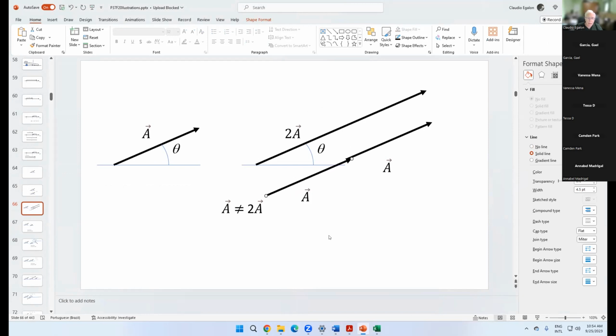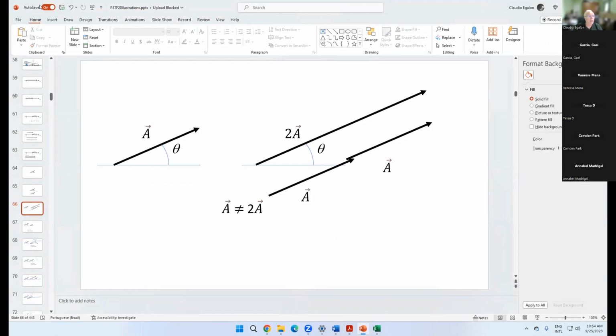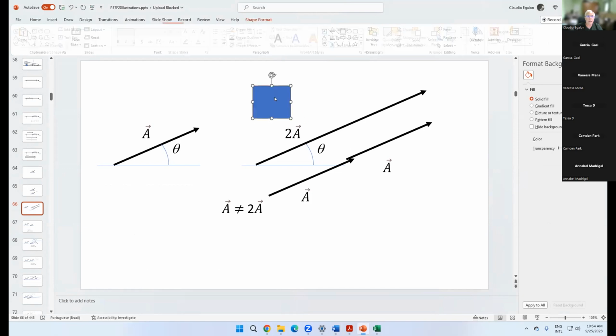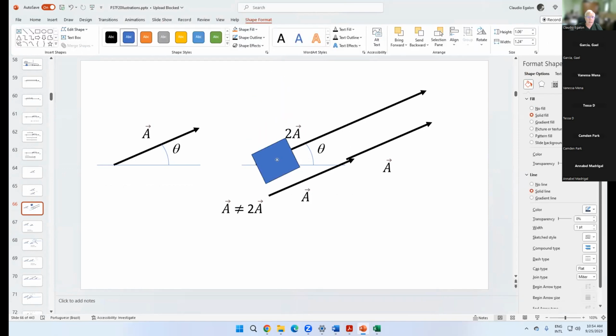I'm going to put it a little bit to the right. Okay, and I'm going to rotate like that to make sure that those two vectors start at the same place, right?